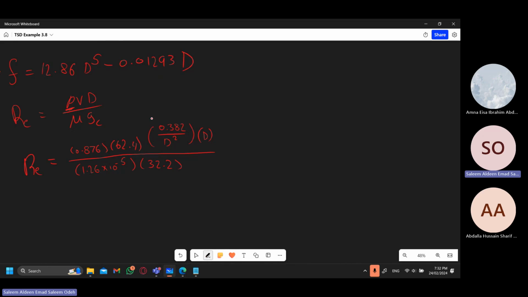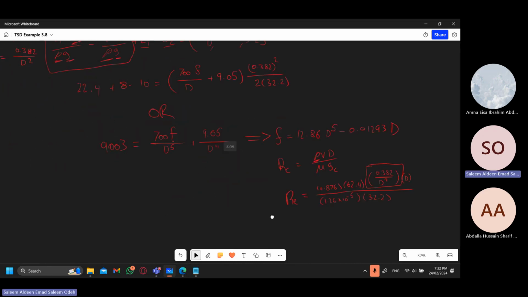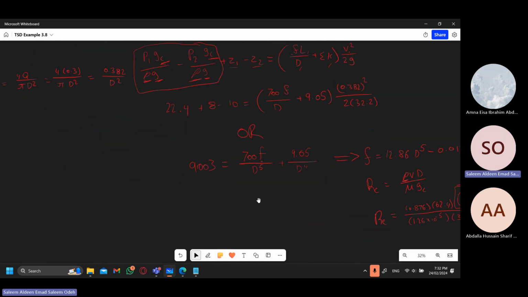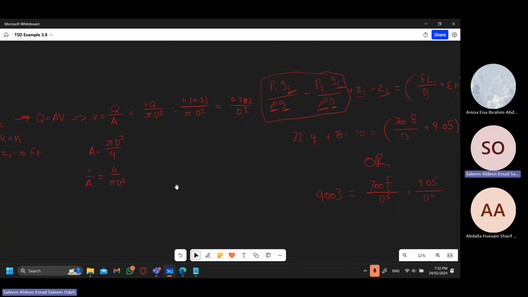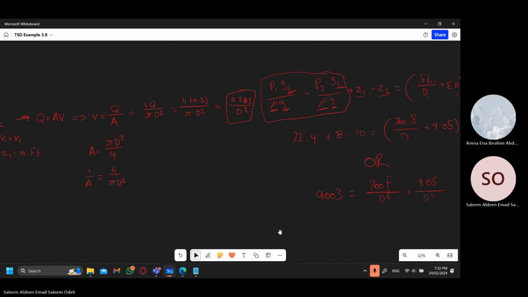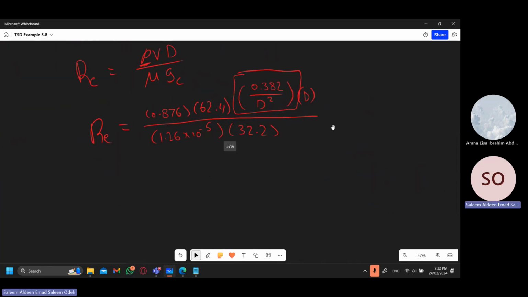If you're wondering where we got this from, this is the value for D, which we equated here. We just plugged it into this equation.